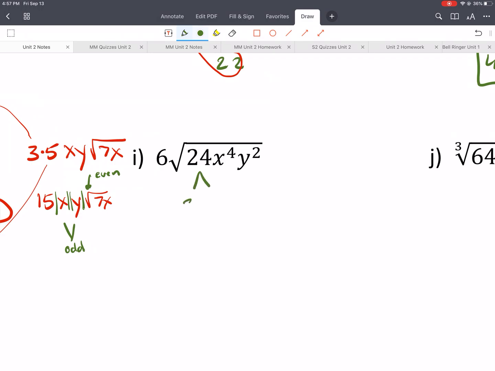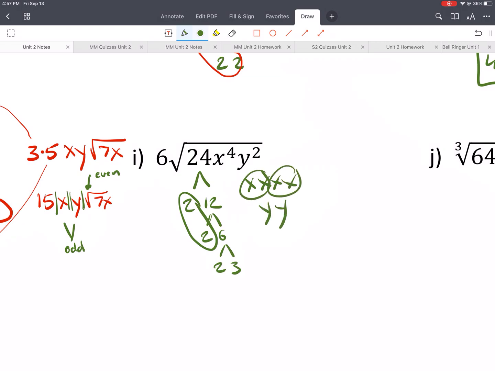Again, we have 2 and 12, and 2 and 6, and 2 and 3. Groups of 2. X, X, X, X, and Y, Y. So here's 2 groups of X. Here's a group of Y. So we already have a 6. Multiply that by a 2. We have an x squared that we can take out because we have 2 of these.